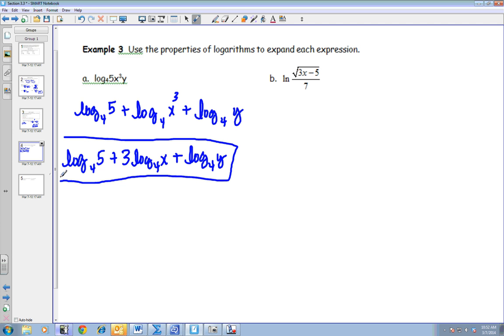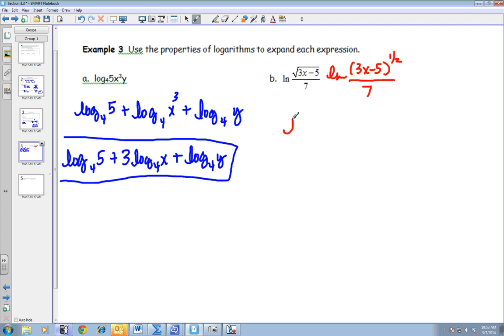Let's do B. All right, we should know that anything underneath the square root is really to the 1/2 power. Okay, so really this is my problem. So this is a division problem.